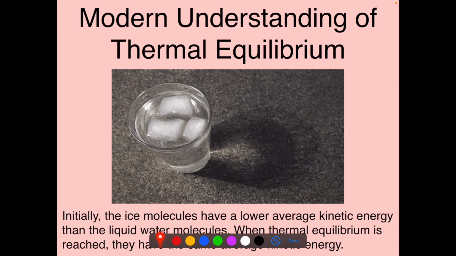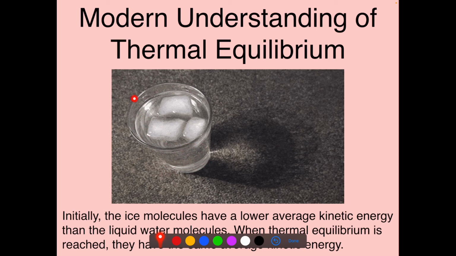So here's a really simple example. If we put ice cubes into a glass of liquid water, we can see that the ice cubes will melt over time. And the reason for this is that initially, the molecules of water in these ice cubes have very low kinetic energy. That's why they have a low temperature. Whereas the liquid water that surrounds it is composed of water molecules that are moving much faster. They have higher kinetic energies.